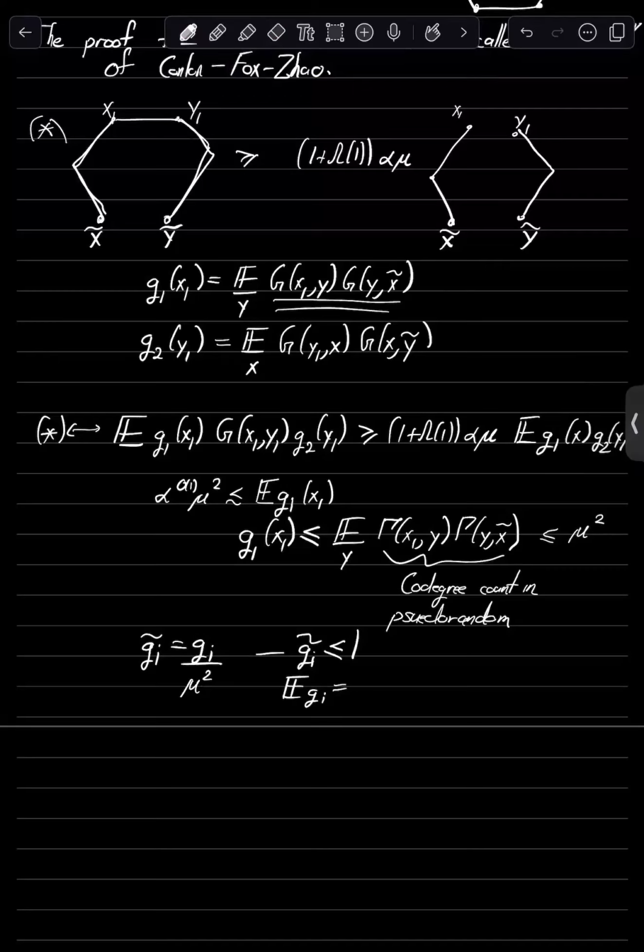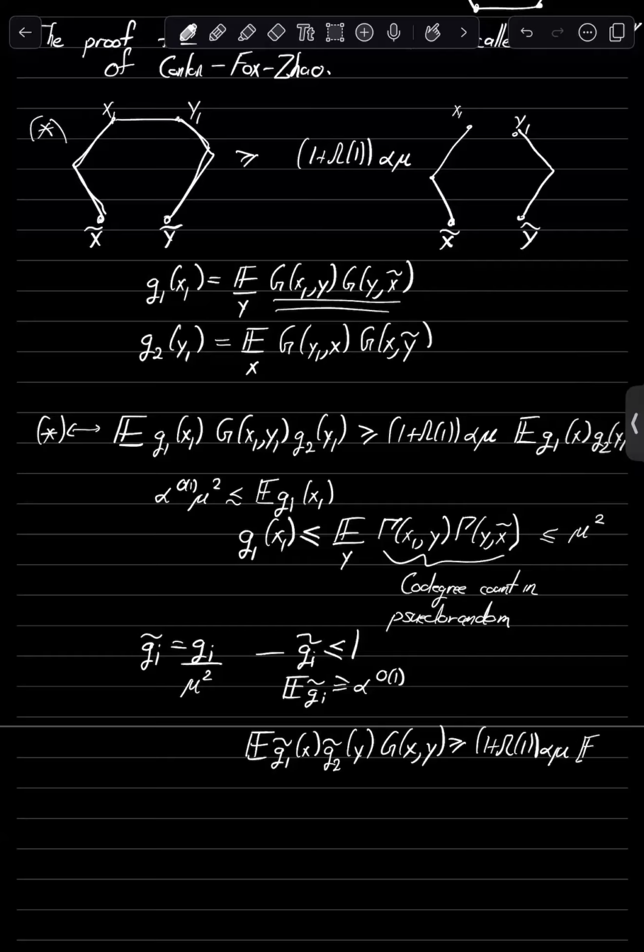So the expectation of g_i tilde is bigger than some power of alpha, so it no longer depends on mu. And I have the desired inequality that the expectation of g1 tilde of x, g2 tilde of y, g of xy is bigger than 1 plus omega(1) alpha times mu times the expectation of g1 tilde, g2 tilde.